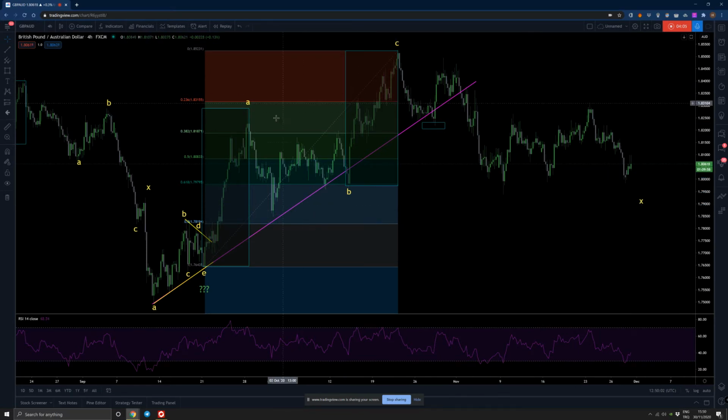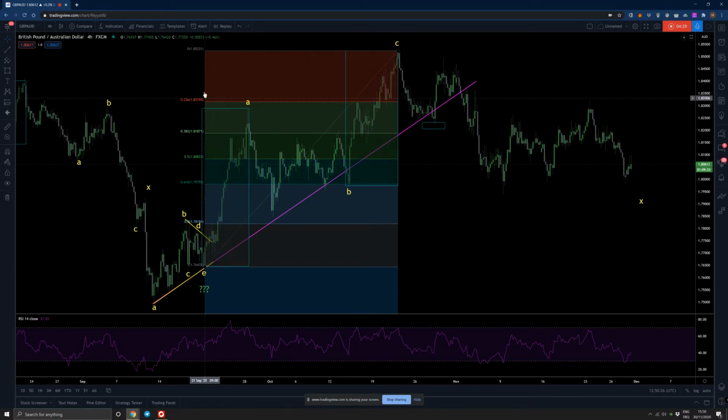Now, what I'm actually looking for now is this trend line. Now, look at it. Support, support, support, support. Now, fake break. Now it becomes support, support. Now then breaks here, resistance, and this is where we are. And this is where the wave ends.